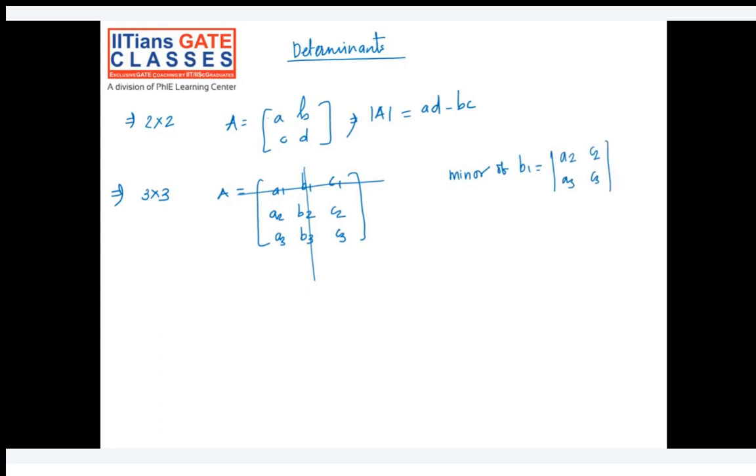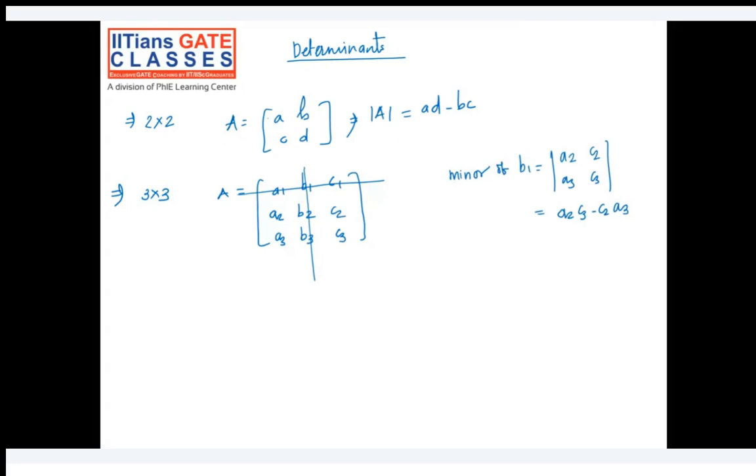What is the minor of B1 now? A2 C3 minus C2 A3, right? A2C3 minus C2A3. That is called the minor of B1. In the same way, we can calculate the minor of any term.